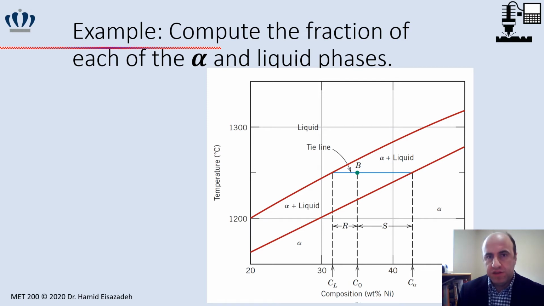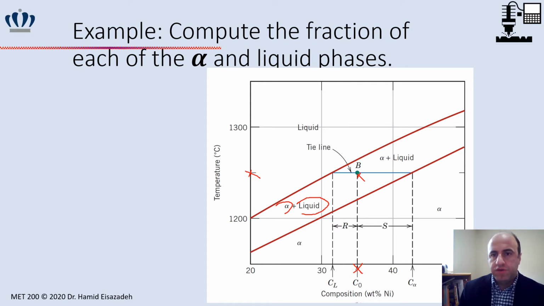If you are given the temperature and composition, right? Here we have B. Based on these two points, we can construct two lines and find out where B, or the point of interest, is located. We see that it's between the solidus and liquidus lines, and we have two phases, alpha and liquid.